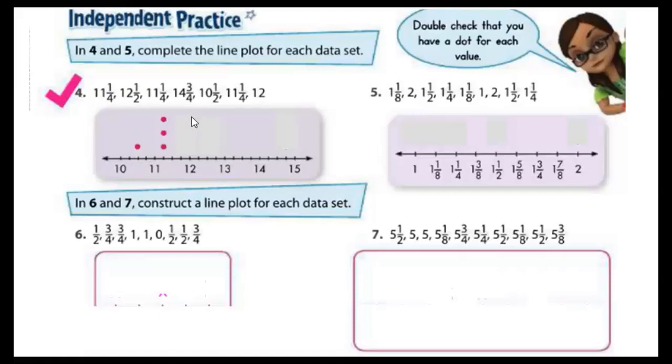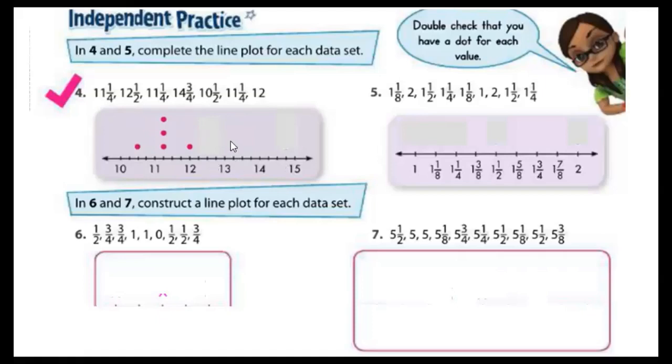So the second one will be 12. I don't have just 12 as a whole number in the statement here. I have 12 and a half, repeated just 1 time. Okay, now 12 and a half is finished. Is there anything else in our problem?